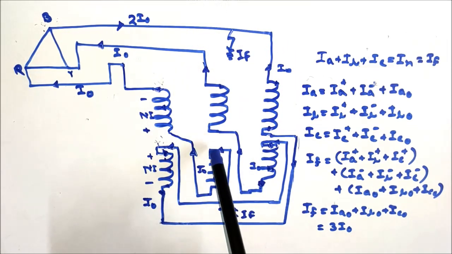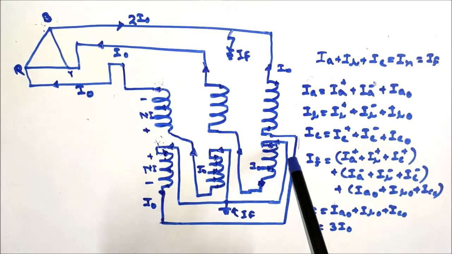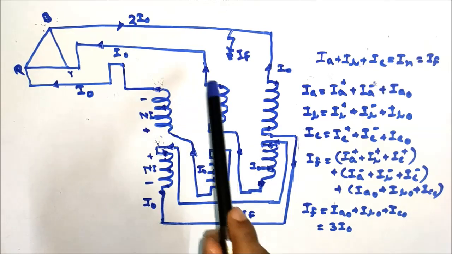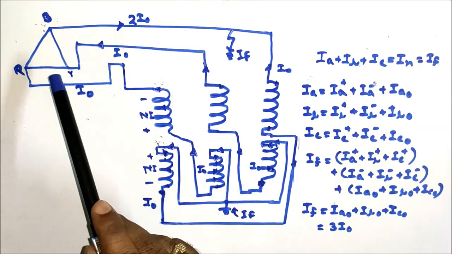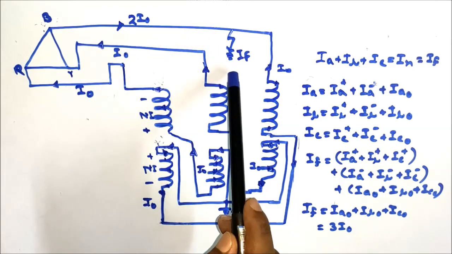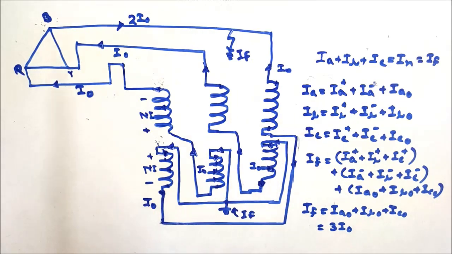Similarly, I0 will flow in this path to the red phase, and I0 will flow in this path to the yellow phase, and 2I0 flows to the faulted point, and then 2I0 plus I0 is equal to 3I0.